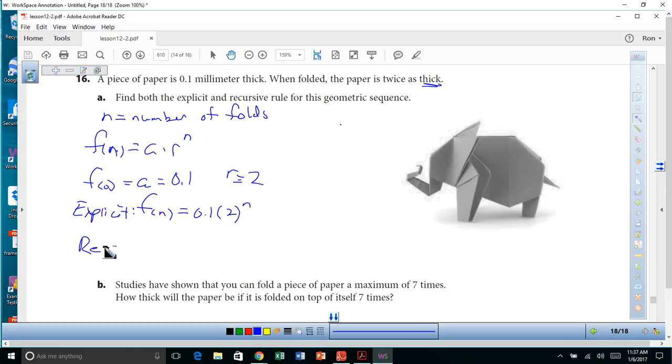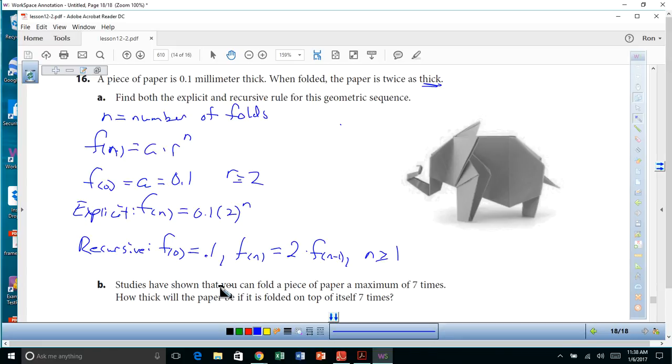And then our recursive rule: F of 0 equals 0.1, since we started at 0 folds. And F of n equals 2 times F of n minus 1, where n is greater than or equal to 1.